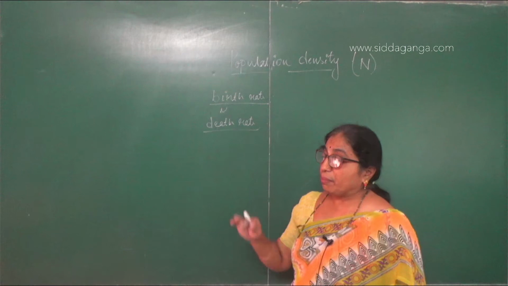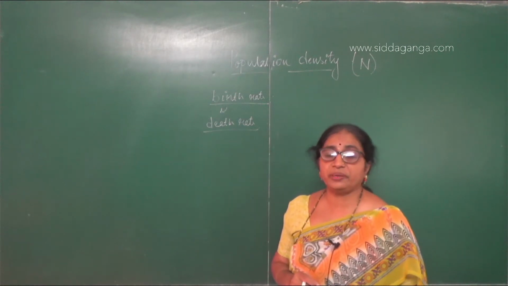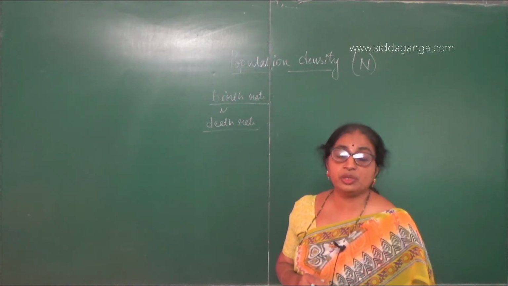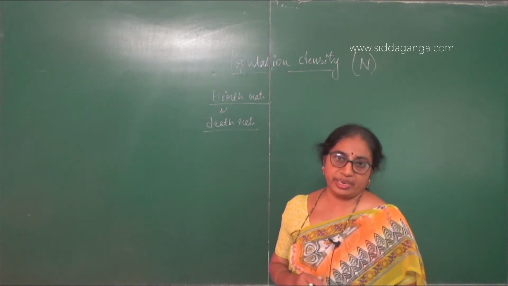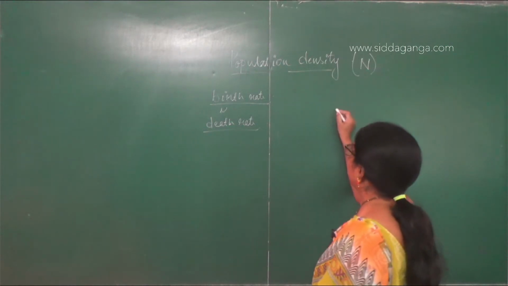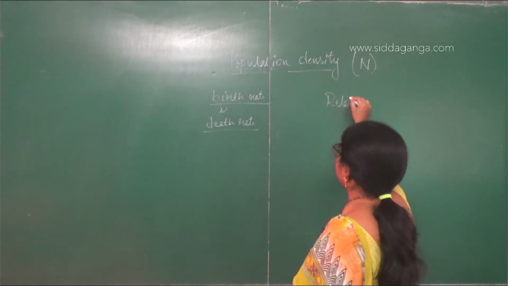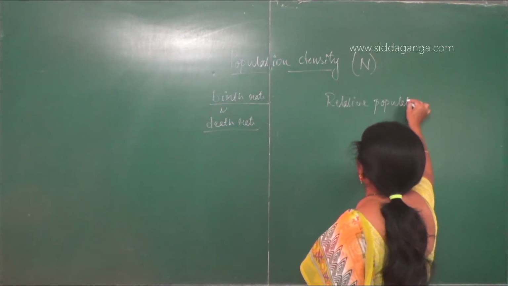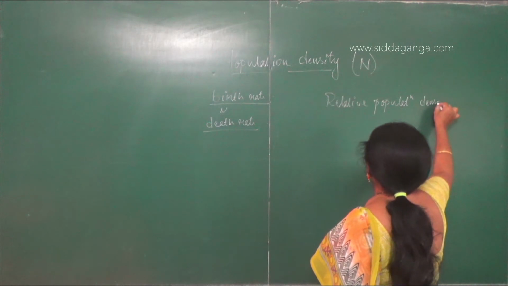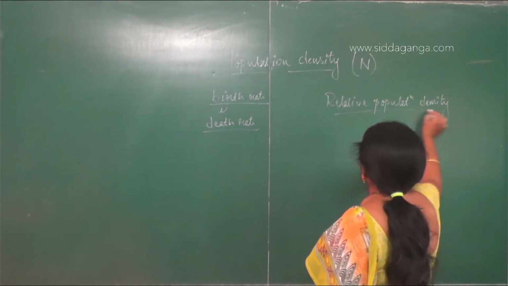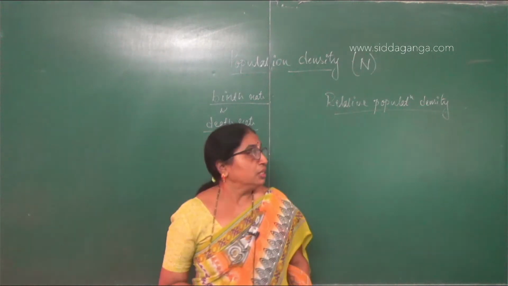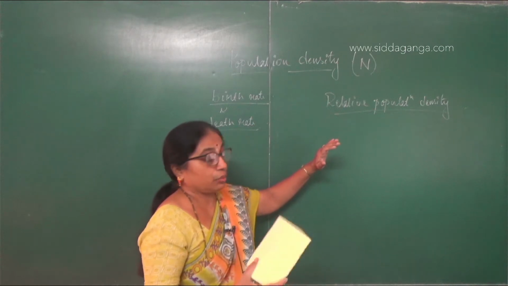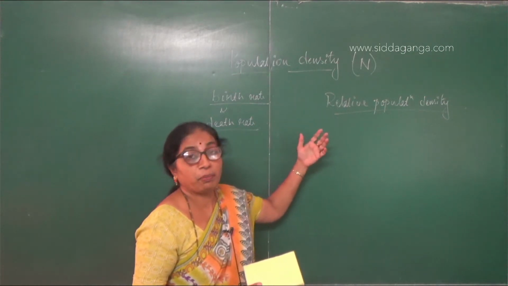But many times population density cannot be studied in this form. So the population density cannot be an absolute value in many cases. So relative population densities can be studied instead. In relative population density, taking an individual count of the population may not be possible.